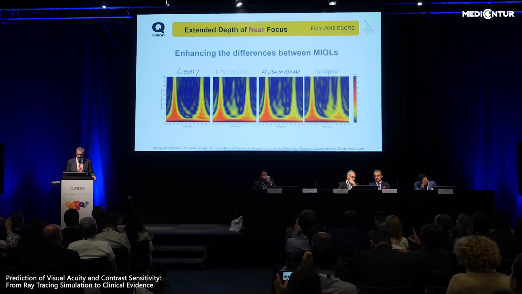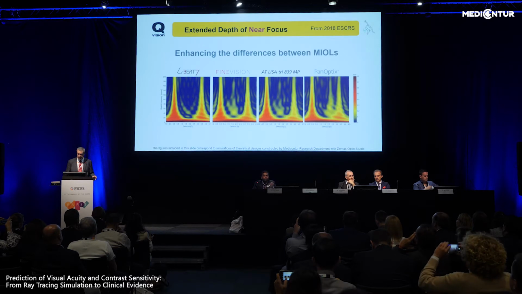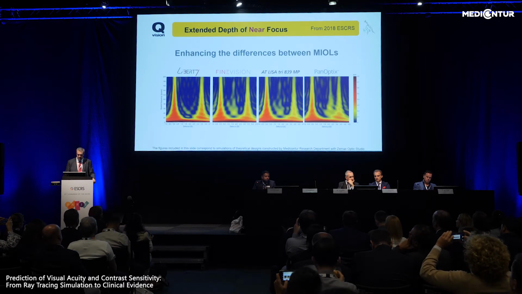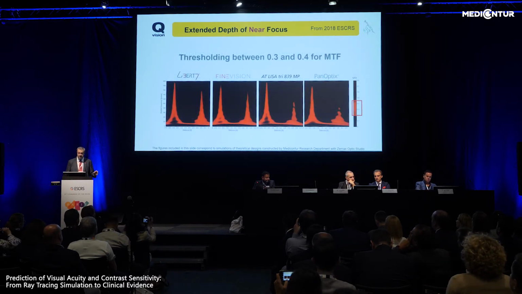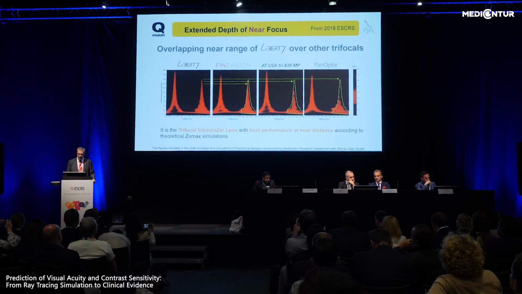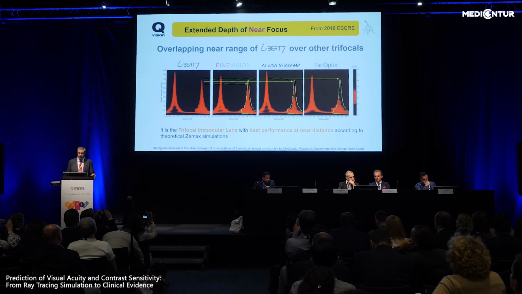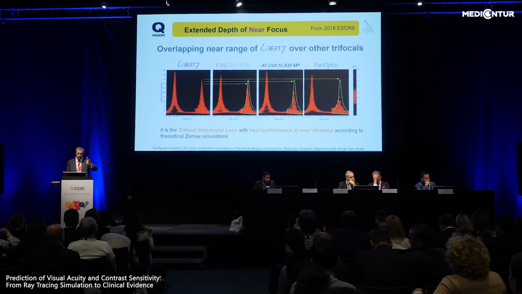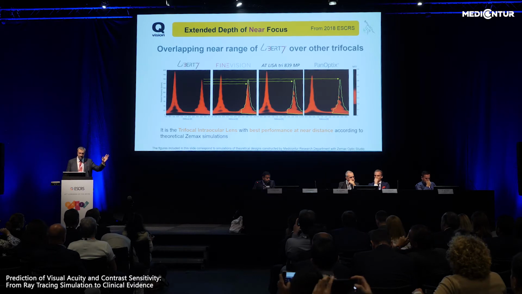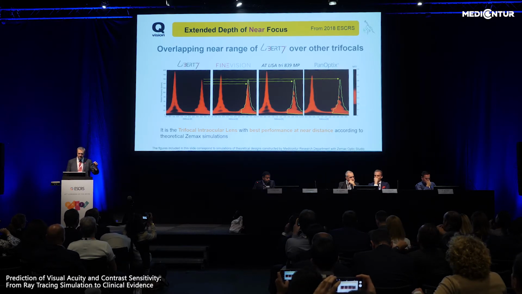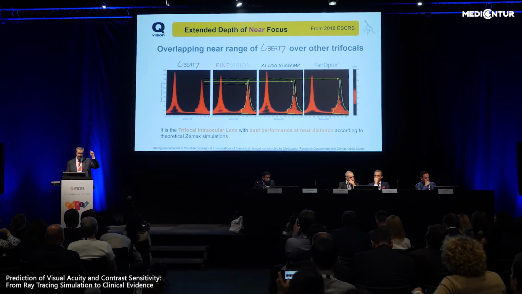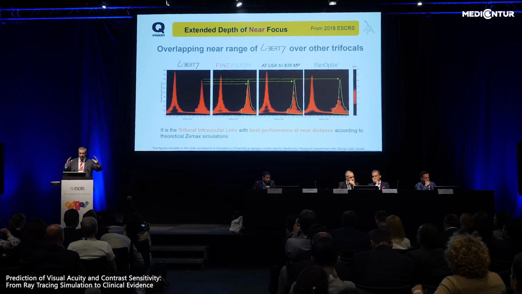This is from last year, on the difference of the trifocals that we have in the market. And all that we know of this information is the Liberty comparison with the other trifocals: on the right you have the near focus, on the left the distant focus, and Liberty, of all the trifocal lenses we are having, achieves the highest peak in the near vision, and we also have a wide focus in near.